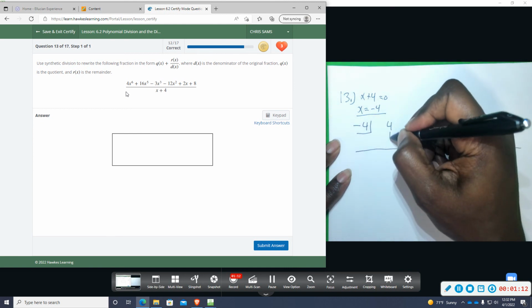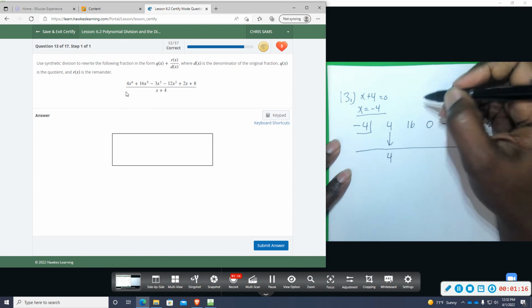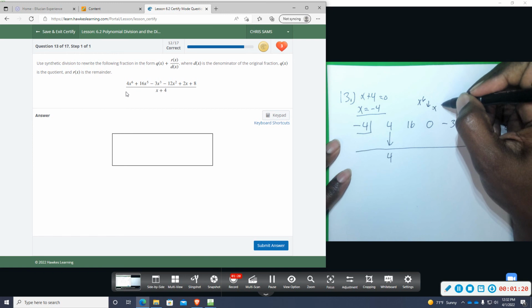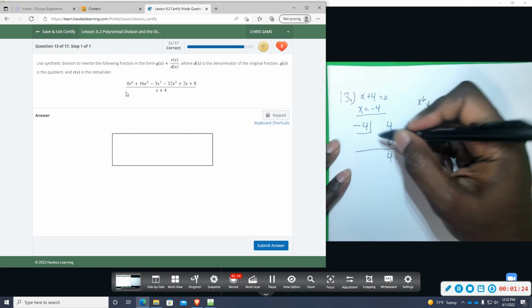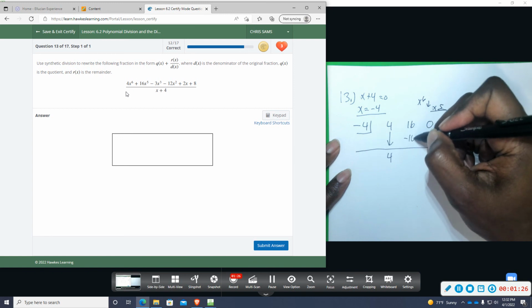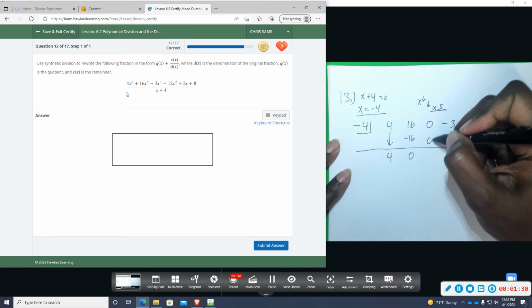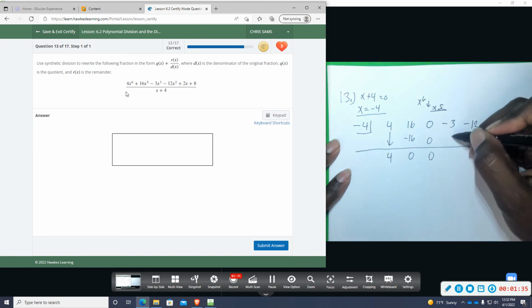All right, you bring the first number straight down, and we started with the 6th degree, so when we drop, we're going to be doing x to the 5th degree. That's where we'll start. So negative 4 times 4 gives me a negative 16. Combine, I get 0. Negative 4 times 0 is 0. Combine, we still get 0. Negative 4 times 0, 0.